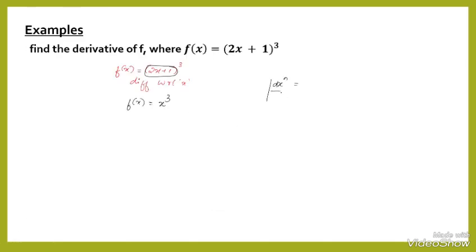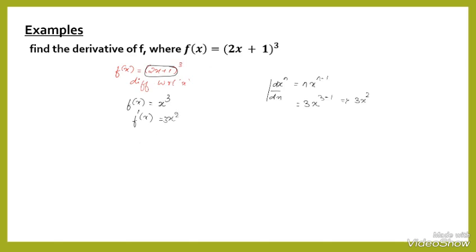What is the differentiation of x to the power n? That is n into x to the power n minus 1. Therefore, replace n by 3: 3 into x to the power 3 minus 1. That is 3x square. Differentiation of x cube will be 3x square.